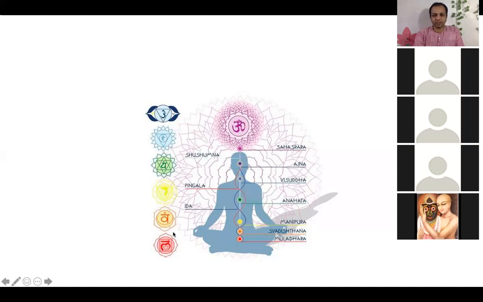And as you can see, earth, then water. The first chakra is earth dominant. The second chakra is water dominant. The third chakra is fire dominant. The fourth chakra in the heart is air dominant. And the fifth, sixth, seventh chakra is different degrees of ether.